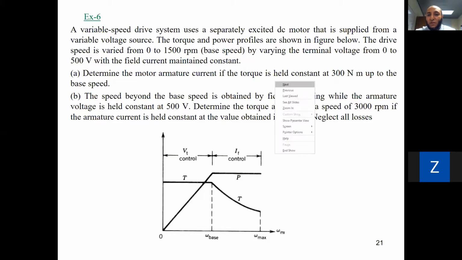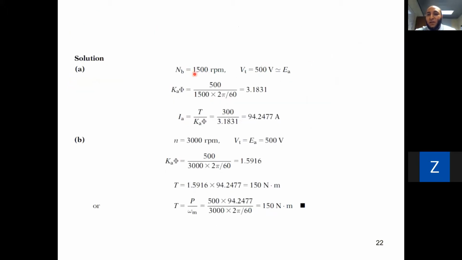So we have base speed is 1500 RPM, terminal voltage is 500, so very close to EA at no load speed. So we can calculate K phi from this condition. So it's equal to V terminal divided by the no load speed, and this will be the value of K phi. As you can see here, we calculated K phi totally as one constant, because this is a separately excited DC motor and the field current is not going to be changed.